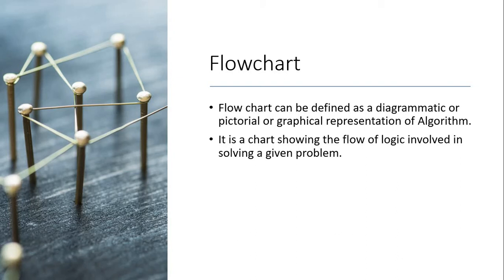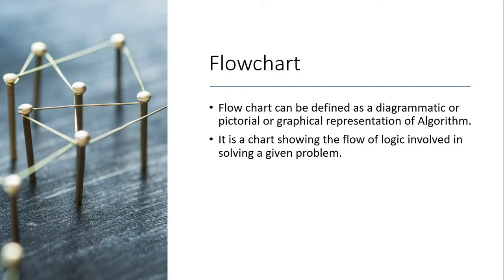So these steps are represented by using symbols or graphics, which is called a flowchart. It is a chart showing the flow of logic involved in solving a given problem. That means the flowchart shows the order in which the steps are executed to solve a given problem.